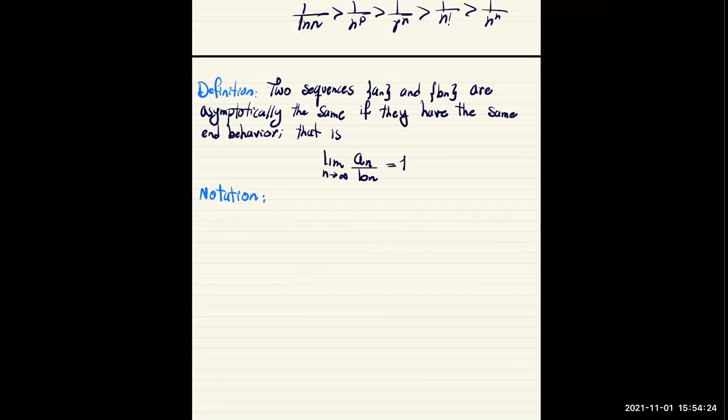But when two things become equal in the long run, we're going to use this notation. a sub n is asymptotically the same as b sub n.